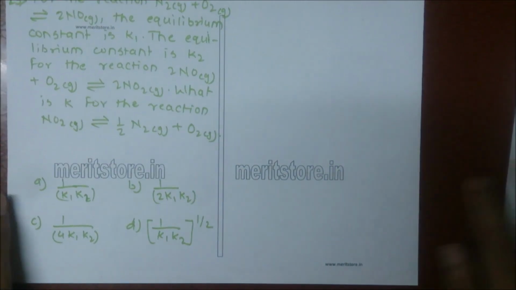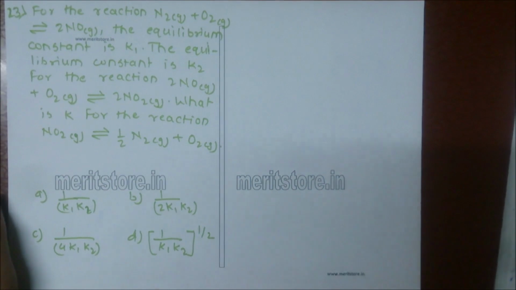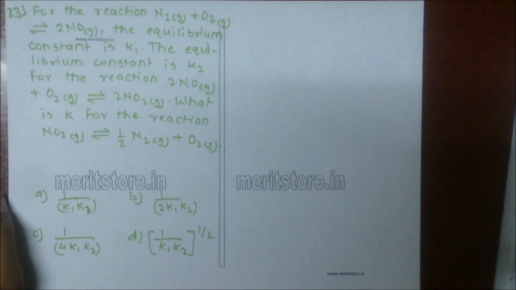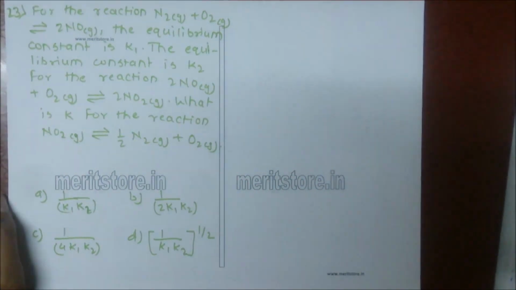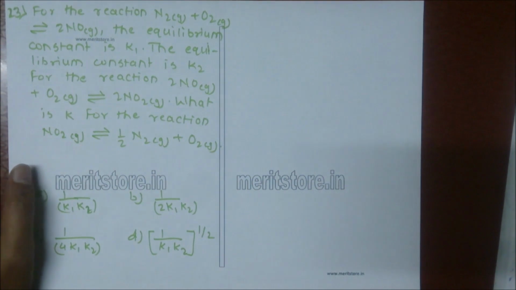Next question is, for the reaction N2 plus O2 gives 2NO, the equilibrium constant is K1. The equilibrium constant is K2 for the reaction 2NO plus O2 gives 2NO2. What is K for the reaction of NO2 dissociating into half N2 plus O2?